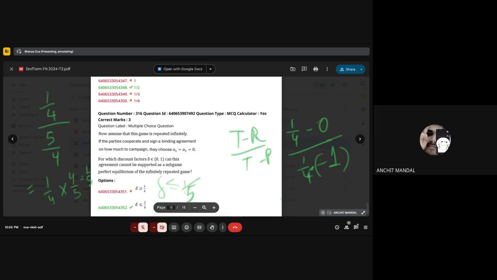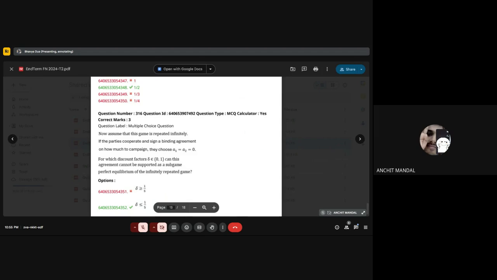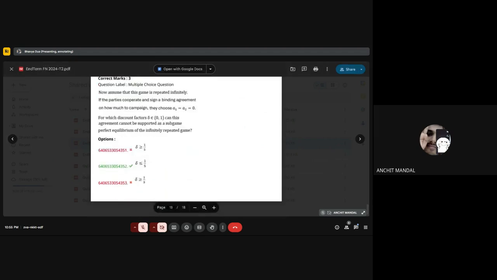The formula is delta is greater than or equal to T minus R over T minus P. Okay, so if you get a negative value or something, you'll have to switch the sign around. Yep. Fair. I think this is the last.